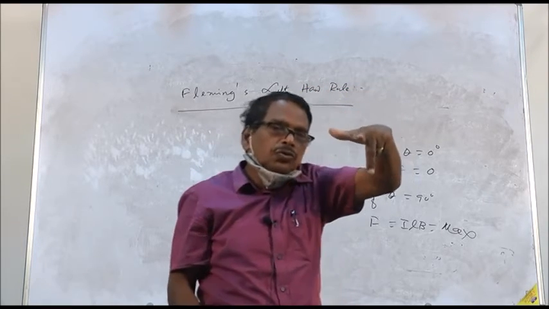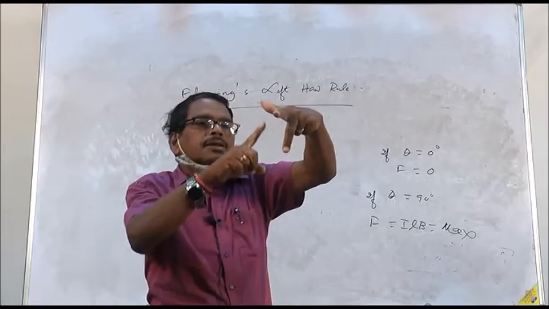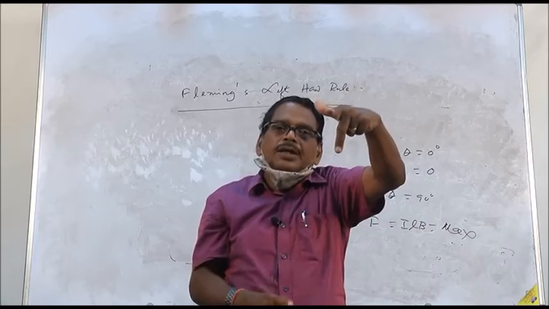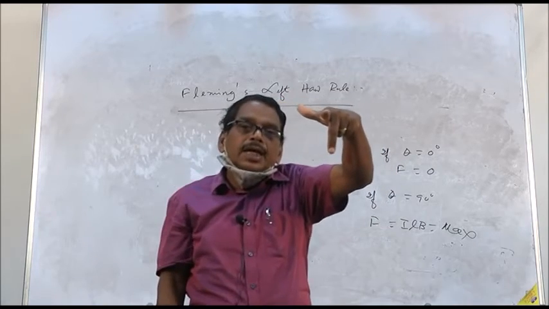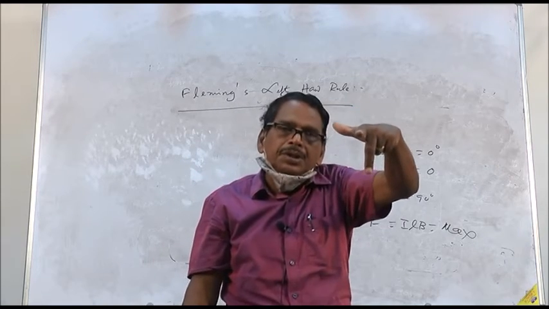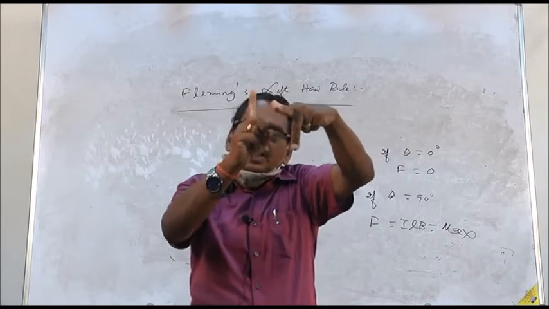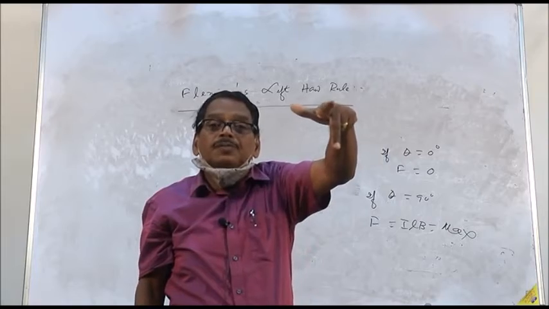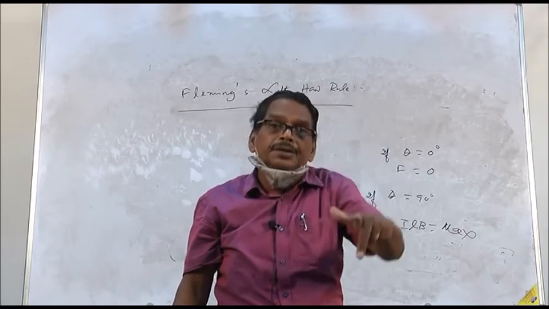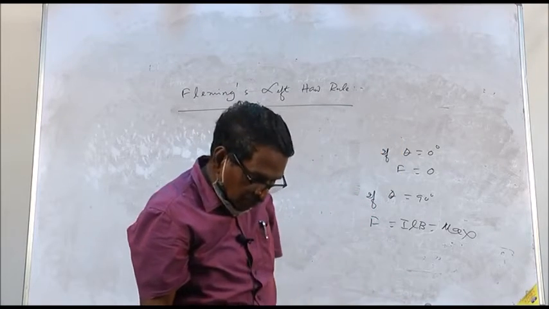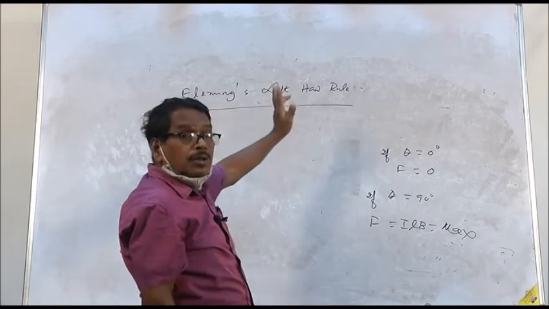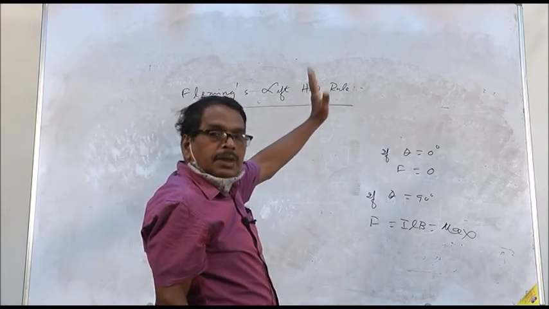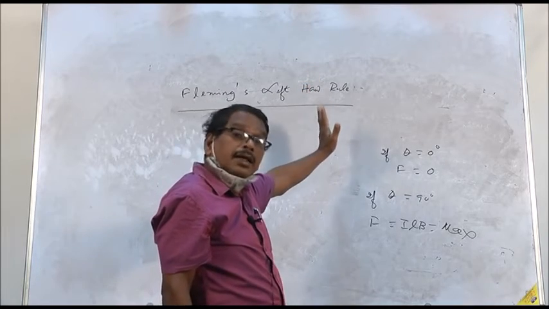So, remember the rule: stretch the forefinger, middle finger, and thumb of the left hand in such a manner that they are mutually perpendicular to each other. If the forefinger represents the direction of magnetic field, and the middle finger represents the direction of current, then the thumb represents the direction of force exerted. This rule is the working principle when electrical energy is converted to mechanical energy.